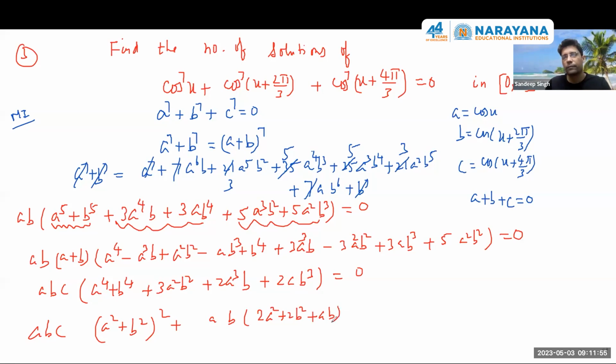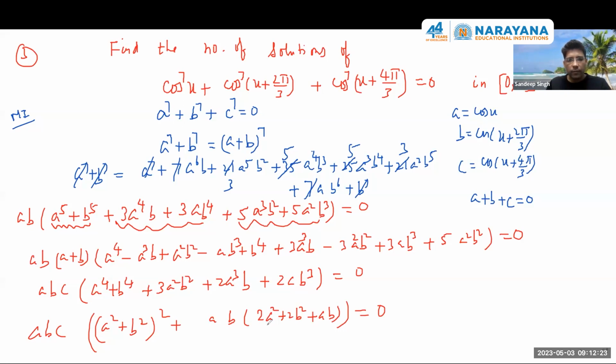Can you check this? This is equal to 0. Is it all right? Yes. So basically, not AB in terms of this. I want to make it a perfect square. So what will be better? A square plus B square.